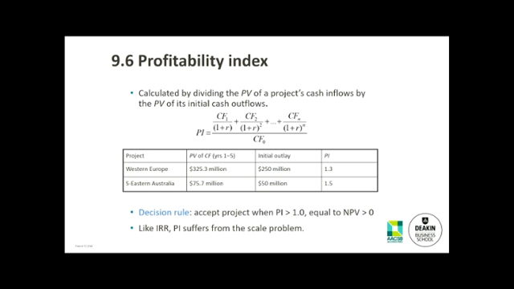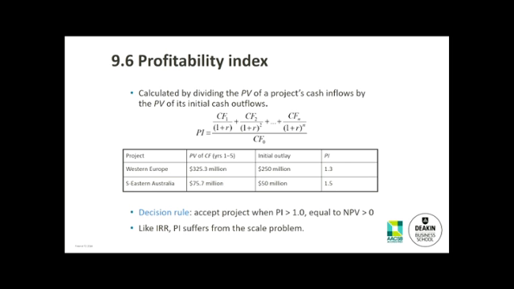Again, the issue comes to, what about if we need to compare two projects? Again, as you can see, it is very similar to a percentage measure, right? Again, we have to consider the scale issue. We have to consider the size of the investment. If you work out the profitability index of these two projects, as we predicted, Southeastern Australia will give you a higher profitability index, because in terms of percentage measure, it's always higher.